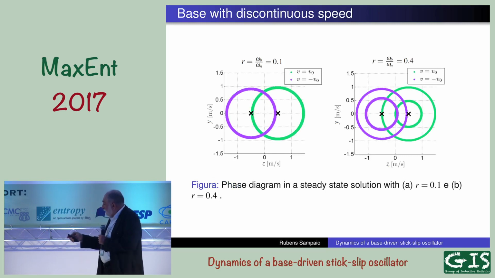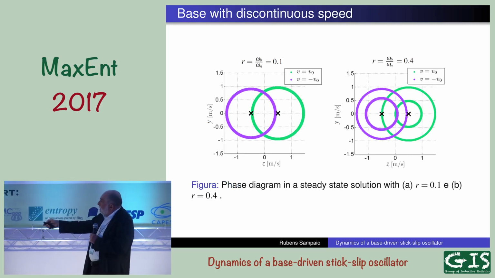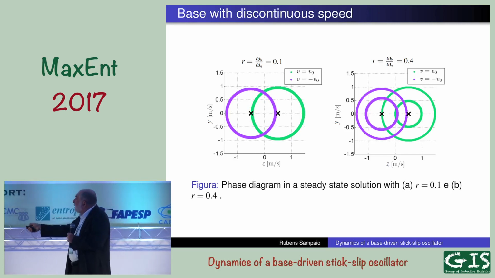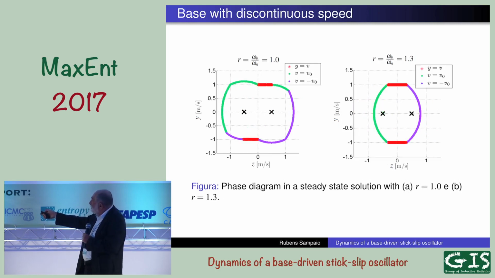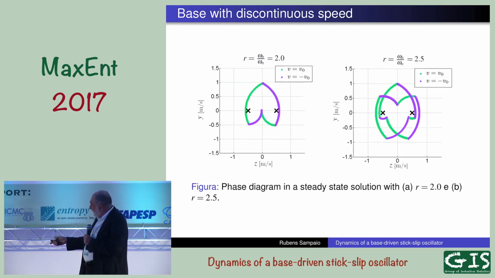If the ratio between the frequency of the belt and the natural frequency is small, there is no stick. When I start to increase this ratio, I can get stick. For example, in this situation, I get stick, this red one, but the thing is not so interesting. So I don't want to discuss this.